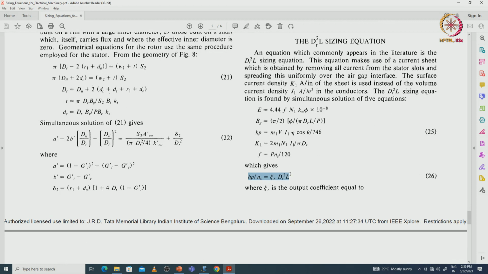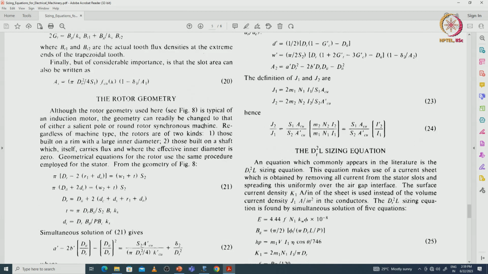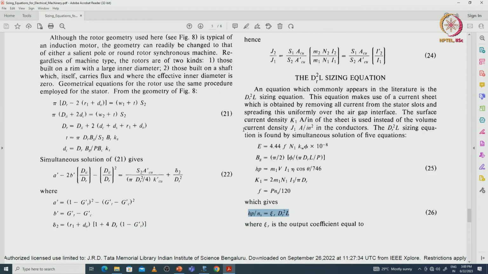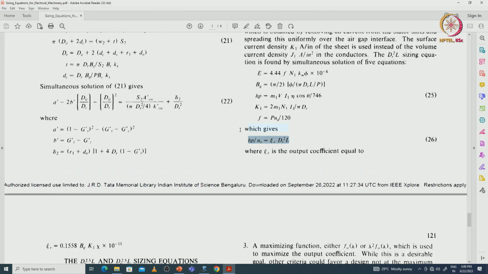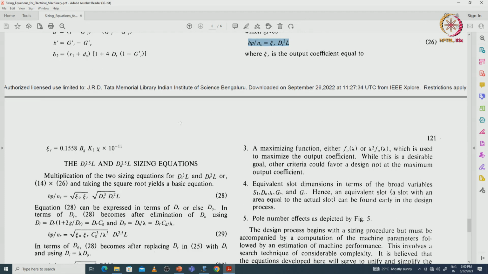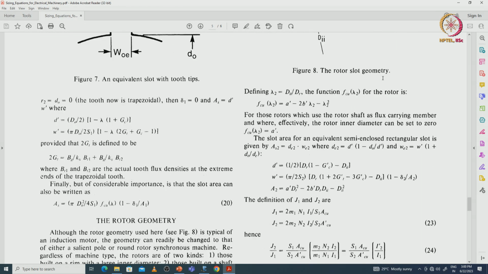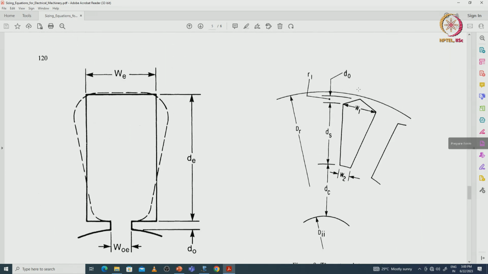Here this is the d square L product with respect to the rotor and d cube L product with respect to the stator. We can consider it as it is, and we can find the output equations like the d square L product equation as well as the d cube L product equations in terms of rotor slot geometry. Here this kind of rotor slot is considered.